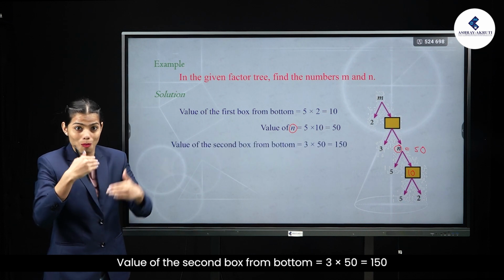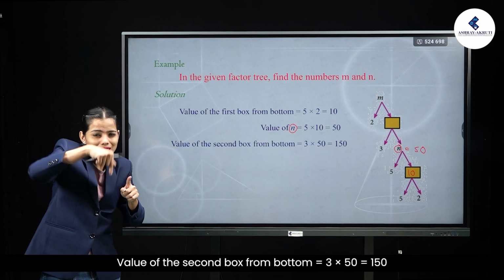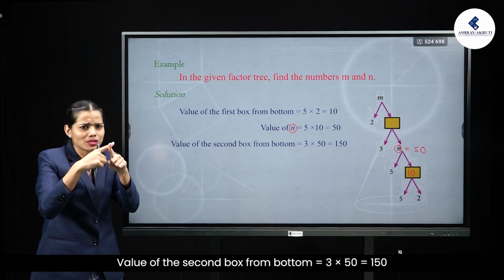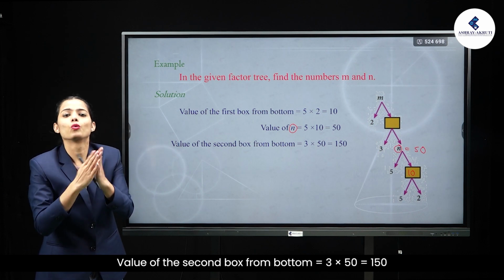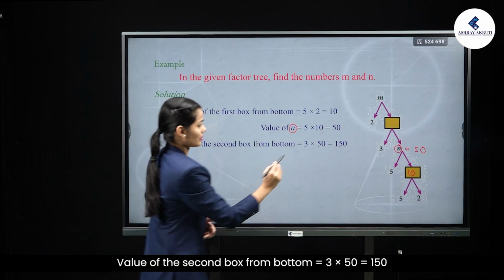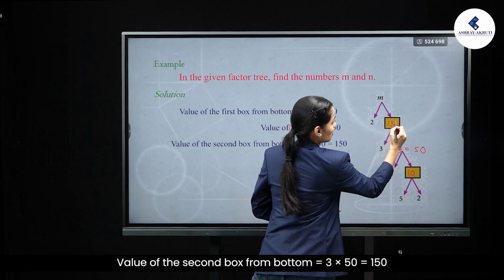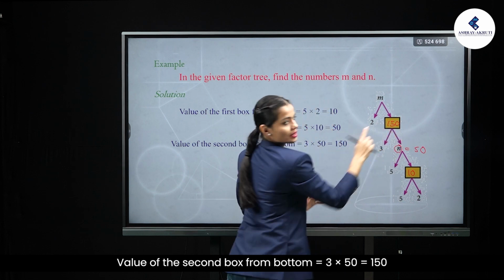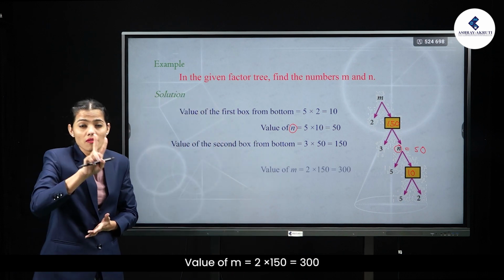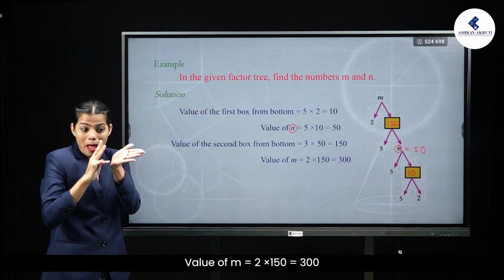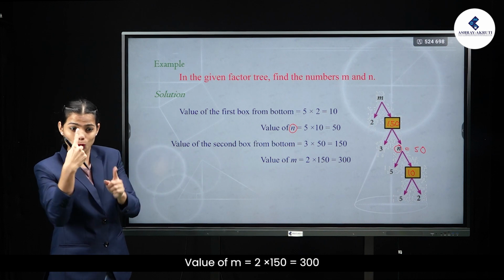Value of the second box from bottom is equal to 3 × 50 = 150. Value of m is equal to 2 × 150 = 300.